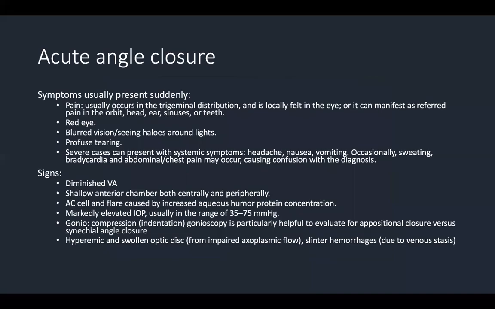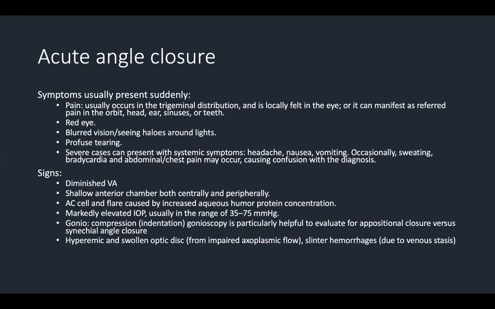You couldn't do any laser PI. We can decrease the IOP with systemic medication like IV Diamox or mannitol or glycerin. Excellent. And so sometimes the patient will not respond.